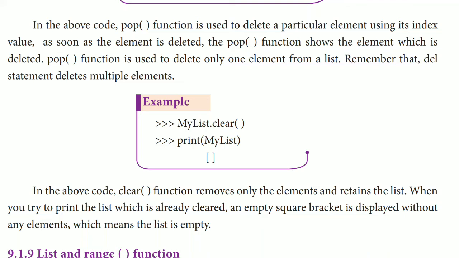Okay, it's like an empty list, it will have a name, but the content of that list will be cleared when you are using this clear function. So that's what is given here. And the clear function, my list dot clear, is a function, and you can see that in the next statement they are trying to print it, but it is printing only the empty square bracket, which means that all the content has been removed from the list.